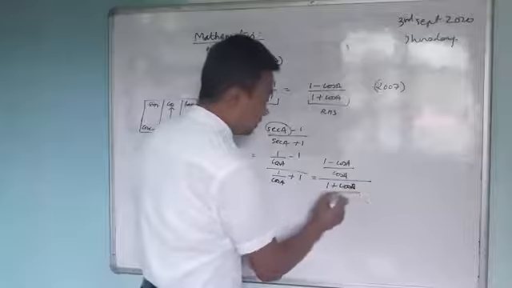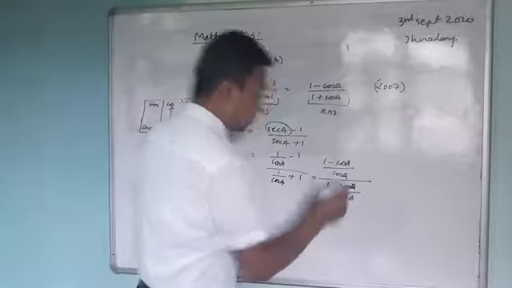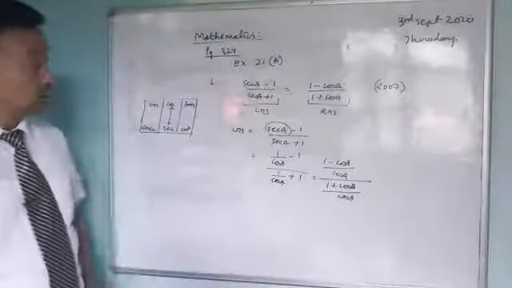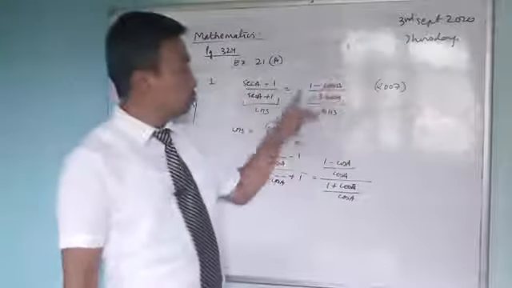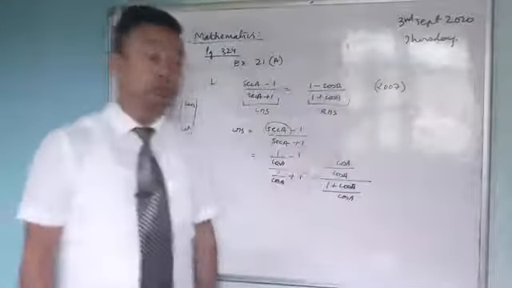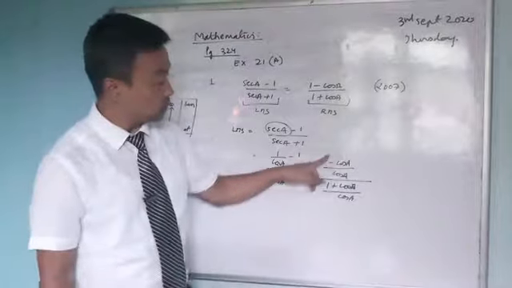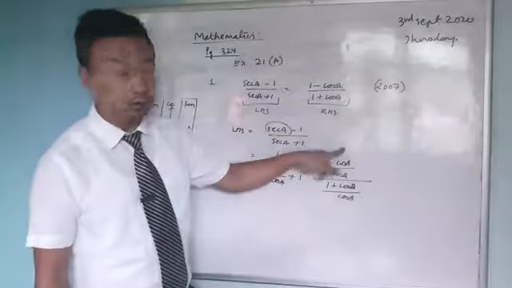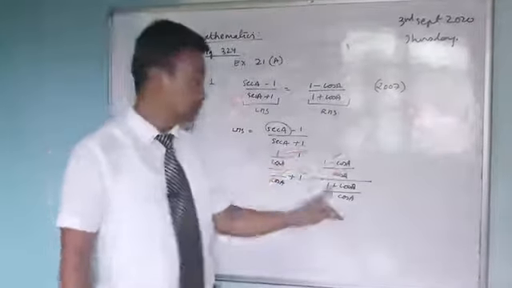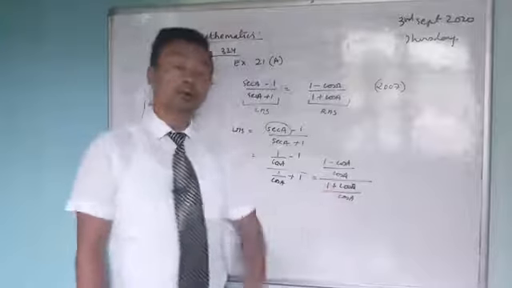Take the LCM, cos A. Now we are coming closer to the right hand side. We have almost reached there. 1 minus cos A divided by cos A, 1 plus cos A divided by cos A.